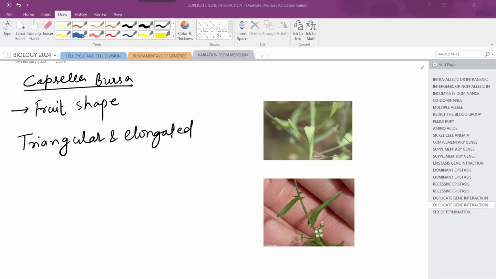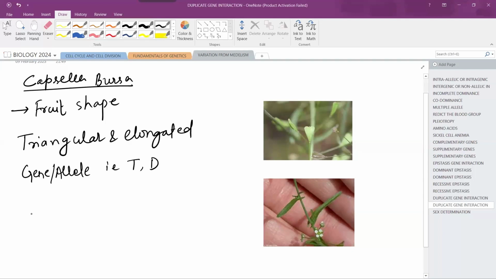Both are responsible for the fruit shape in Capsella bursa. The alleles controlling the fruit shape are capital T and capital D as dominant alleles.